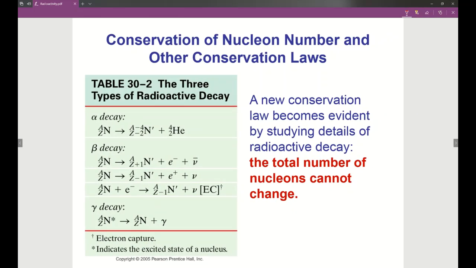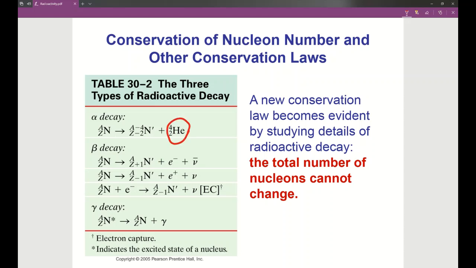And lastly, we're just going to briefly touch on the fact that you should have noticed in these conservation laws that these kinds of radioactive decay conserve nucleons. So the total number of nucleons can never change in between these. You can see that in alpha decay, the A-4 and the Z-2 go away in the form of this helium.